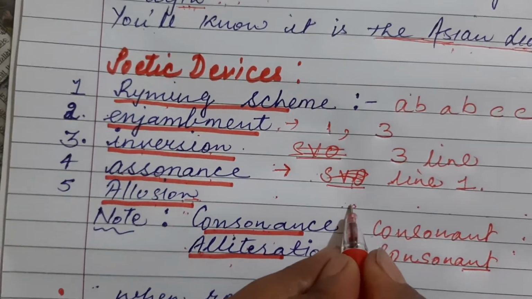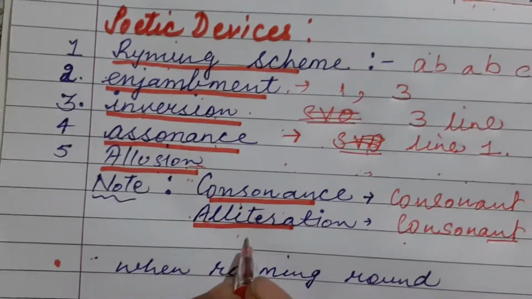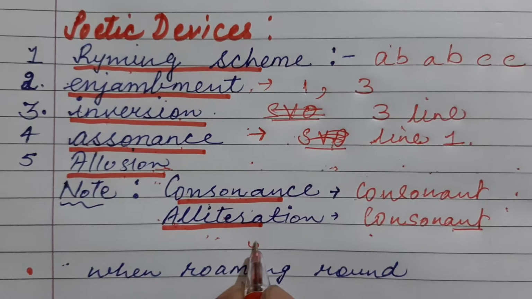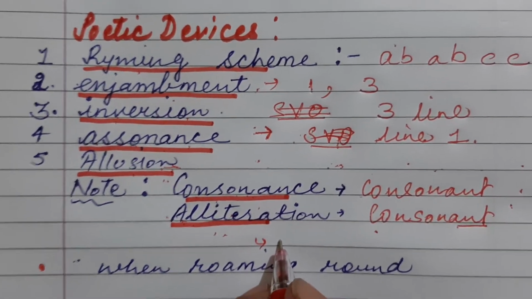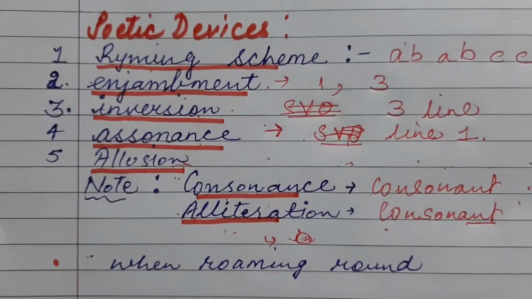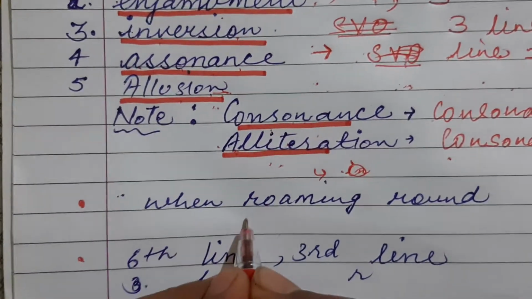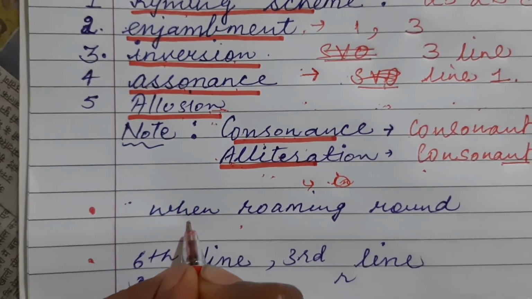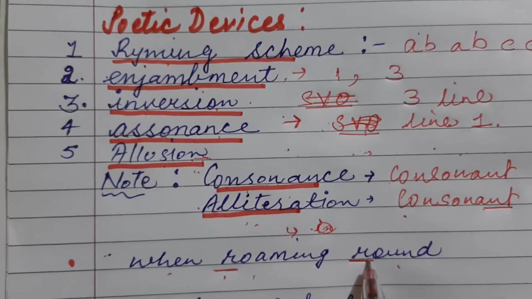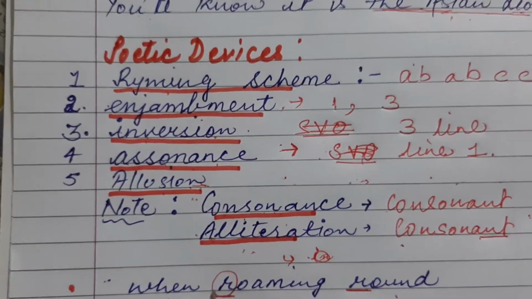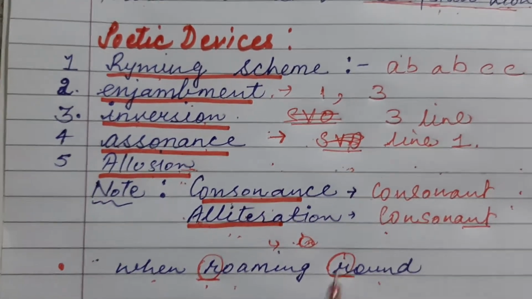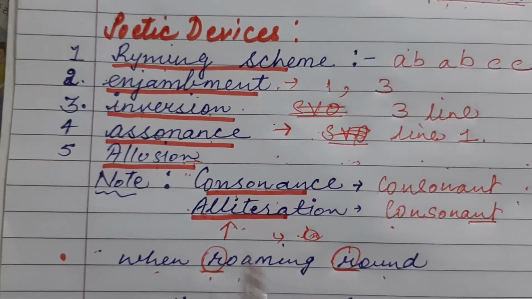Position is different in all the words, but in alliteration the consonant sound will come at the front, that means the first sound in any word. For example, I am taking the example from this poem. When roaming round, R sound has been repeated here, but this is at the beginning of both the words, right? So we will say this is alliteration.